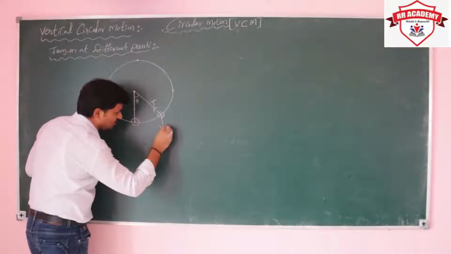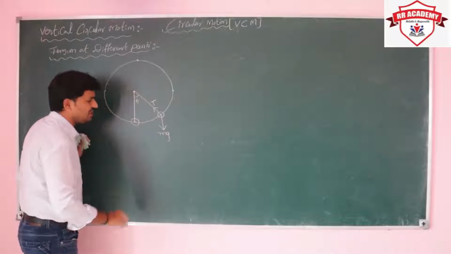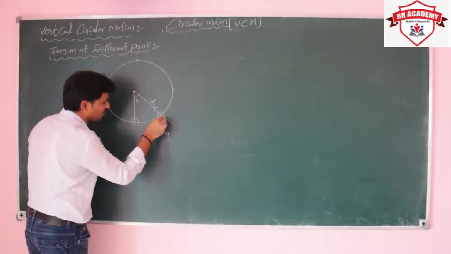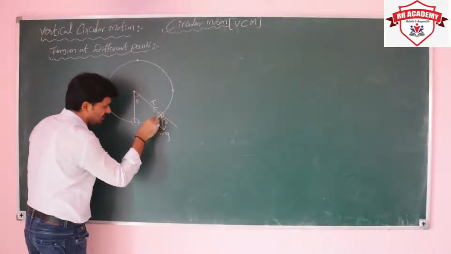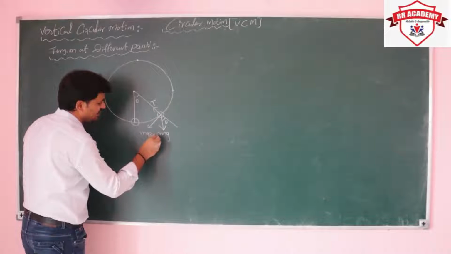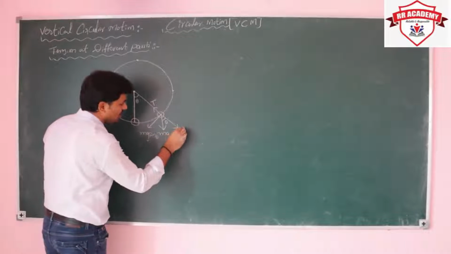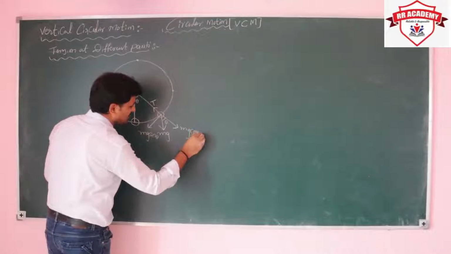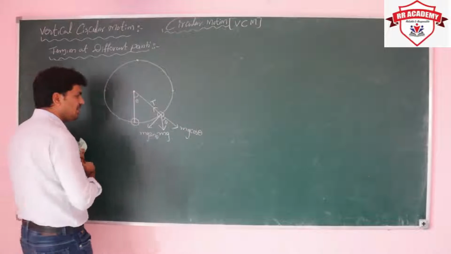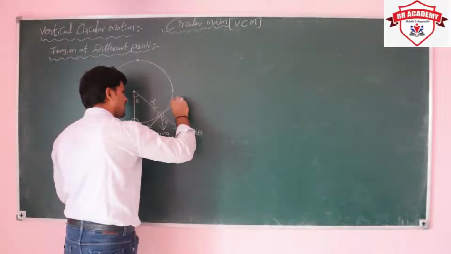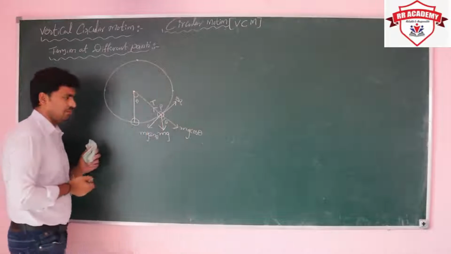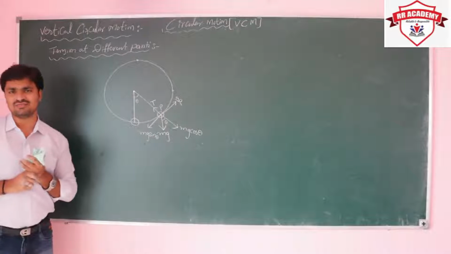Weight mg is acting downward, and here it can be resolved into two components, mg sin theta and also mg cos theta. And here the particle has some velocity, which we can consider as the velocity at this point, vp.